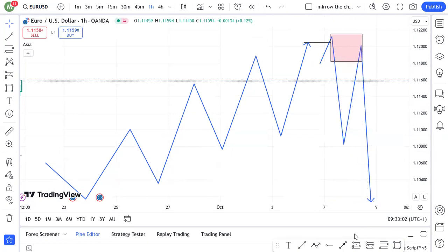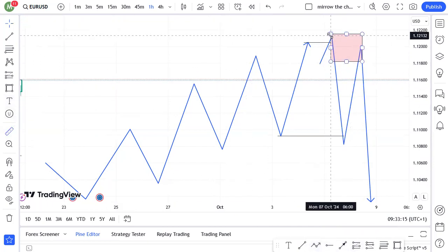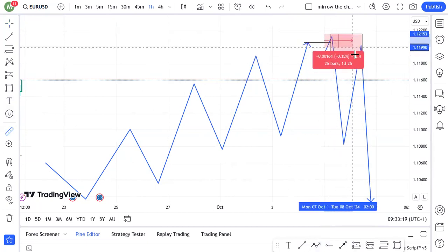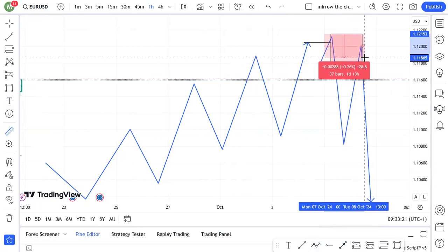For us to take a trade from, if this is a 1 hour order block, a POI, you can measure the pips. If it's 30 pips or 20 pips, you can decide to take the whole of the 1 hour. For me, I take the whole of the 1 hour.